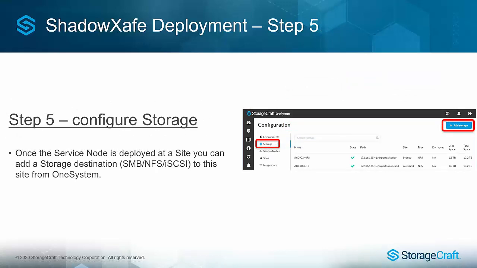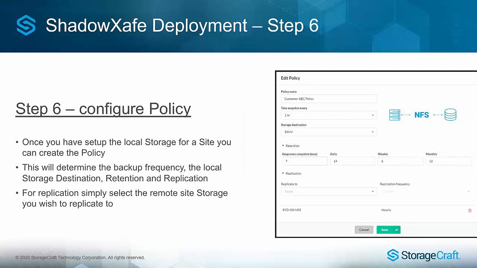Finally, for a customer site, back in OneSystem, go into storage and you'll need to add in any local storage for that site. So again, it will use the service node at that site to validate and confirm that storage is accessible. You'll add that in, and then that will really enable you to go and configure a policy. So policy is going to determine the backup frequency.